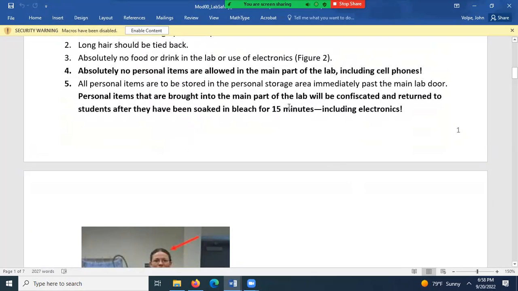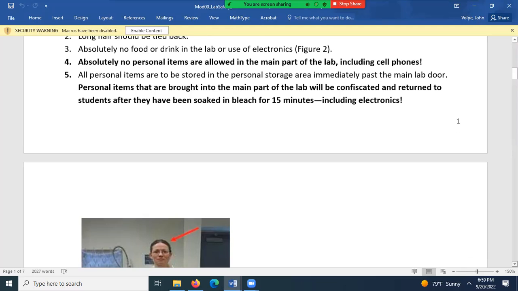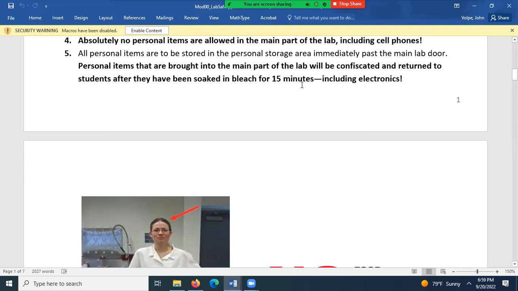You may bring things in the sense where you put it in the cubbyhole, and we consider that outside the lab. Anything brought into the lab, you cannot get back until it's been sterilized, like soaking in bleach for 15 minutes or stuck in the autoclave.